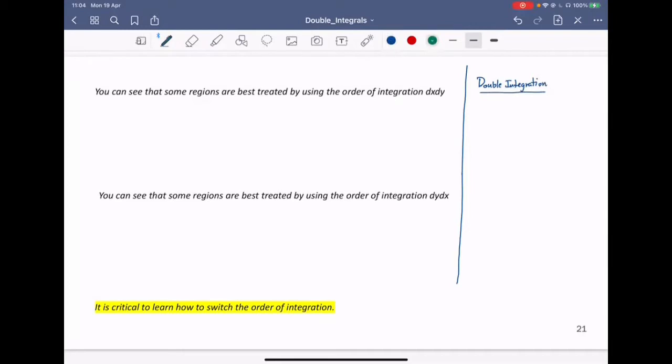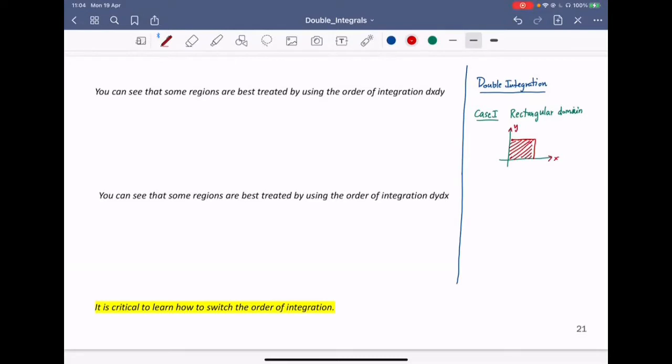So case number one, if you work with a rectangular domain, that means the region that you want to integrate with respect to is just a rectangle.